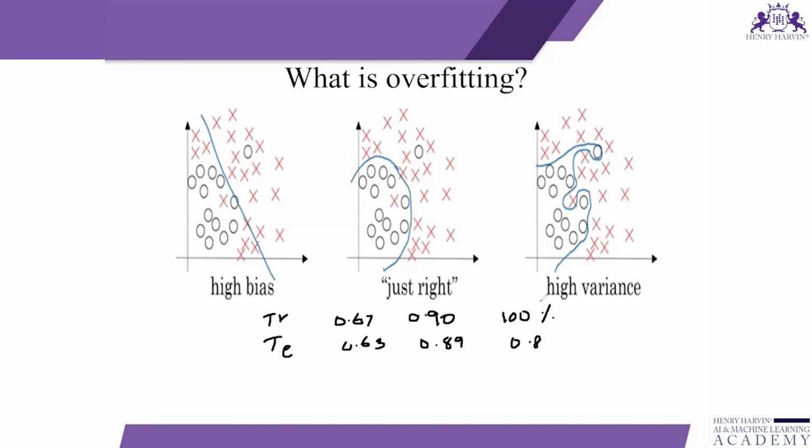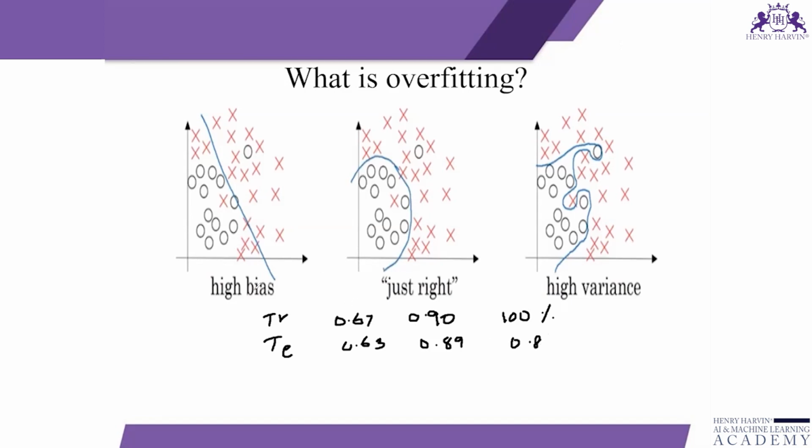This kind of problem is called high variance, or overfitting. Why is it called overfitting? Because it performs well on the training data set, but not as well on the testing data set. That is why we always ask people to make a generalized model.